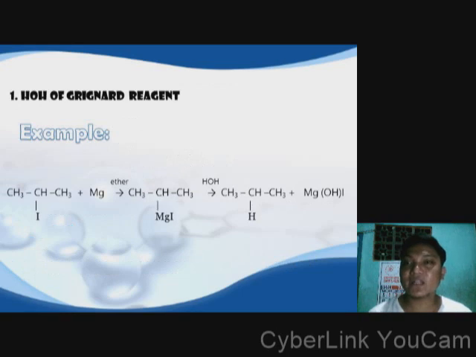Example is your, what do you call that? Meron siyang iodine. So, that is your 2-iodo-propane. Kasi tatlo. Plus magnesium.